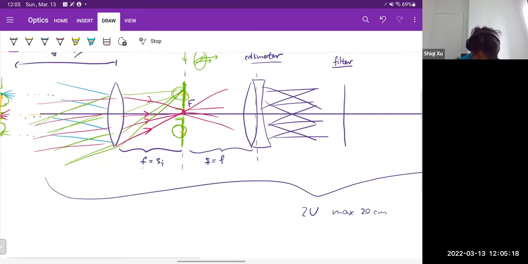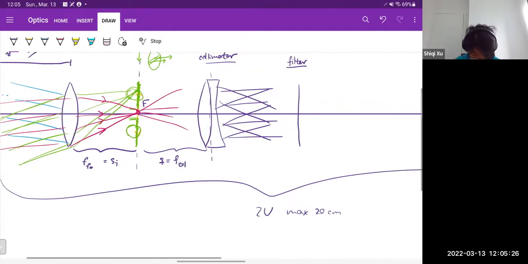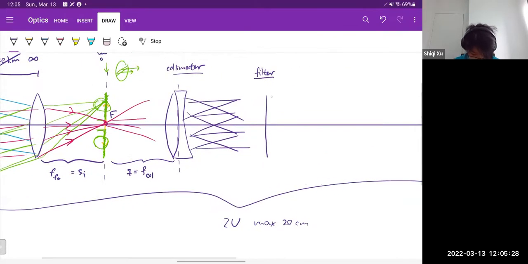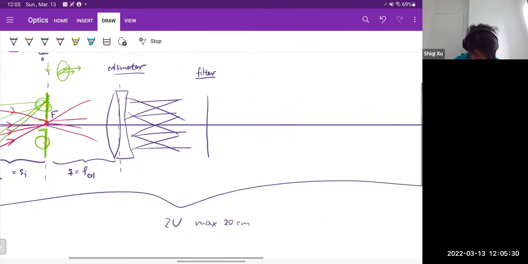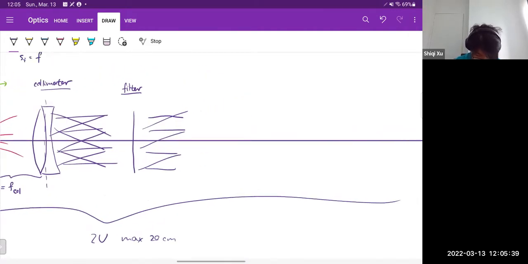Wait, so this is F for optics. This is F of collimator. So then we have the filter, and then we have filtered light going out, still the way it did. And then this is where we get into the prism.